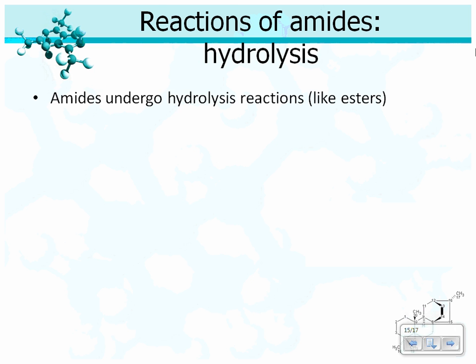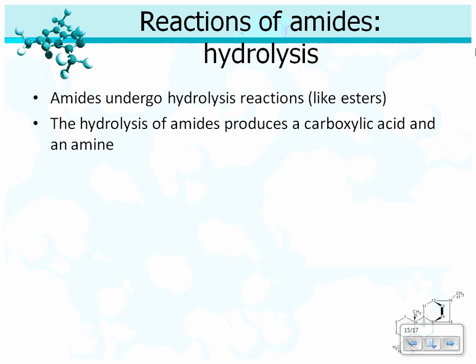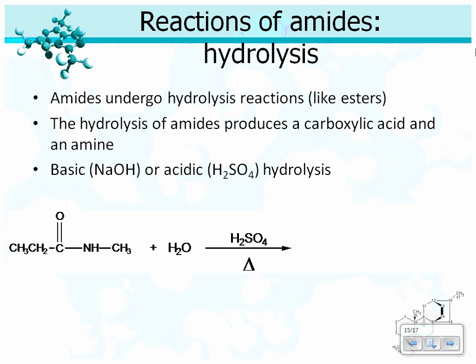Amides themselves can also undergo hydrolysis, just like esters. The hydrolysis of amides produces a carboxylic acid and an amine, so it's the exact reverse of what I just showed you. You need a basic or acidic hydrolysis, so both can happen. Here's an example of an acidic hydrolysis. So basically what's going to happen is we're going to cleave this bond here.